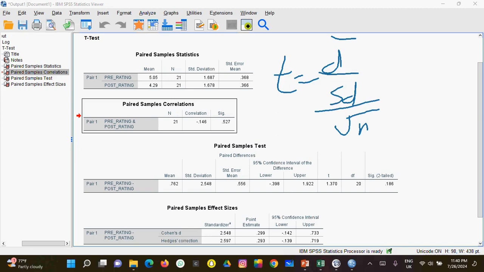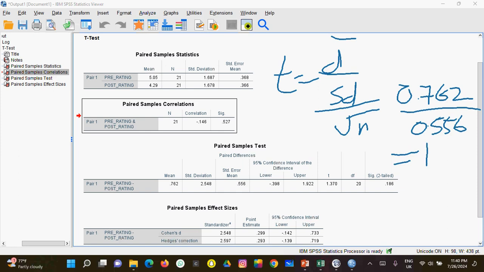And then now, D bar is 0.762 all over SD, which is 2.58. But remember that I told you that the denominator is the standard error. So you can just simply put the standard error here, 0.556. Right? And you are going to get a T of 1.370. This is this.